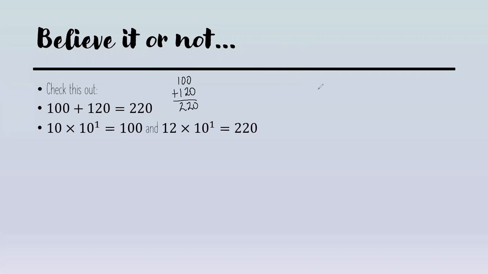So 10 times 10 to the power of 1, which is just 10, that equals 100. And I can rewrite 120 as 12 times 10 to the power of 1, or 10.